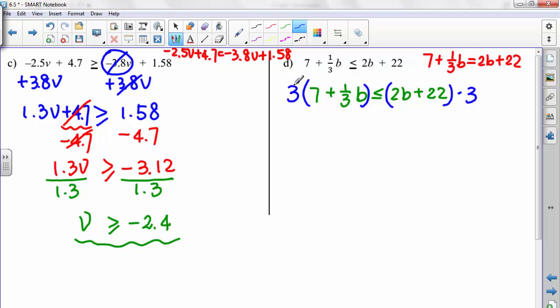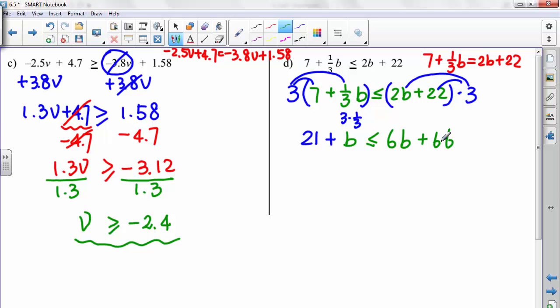Then let's use the distributive property to expand the brackets. 3 times 7 is 21, plus 3 times 1/3. 3 divided by 3, that's 1b. It's less than or equal to 2b times 3, 6b, plus 22 times 3, 66.